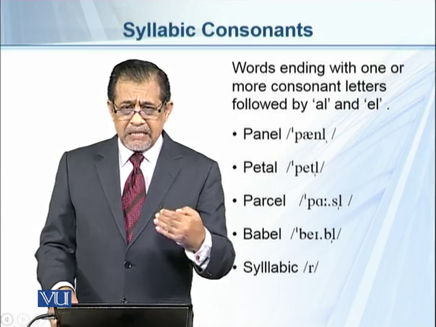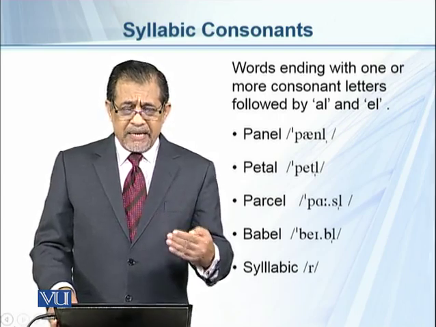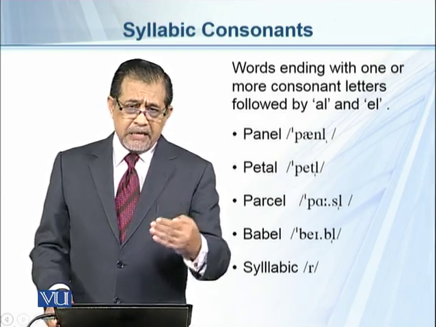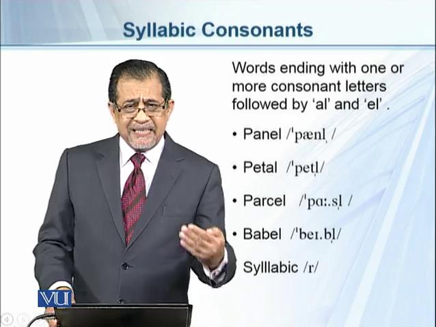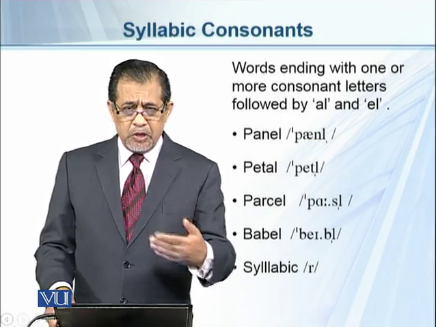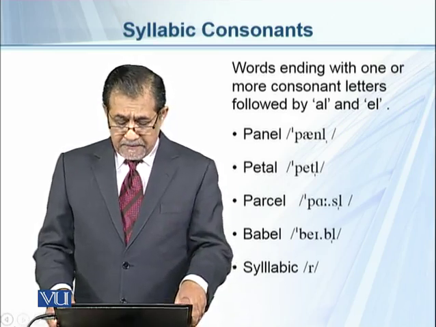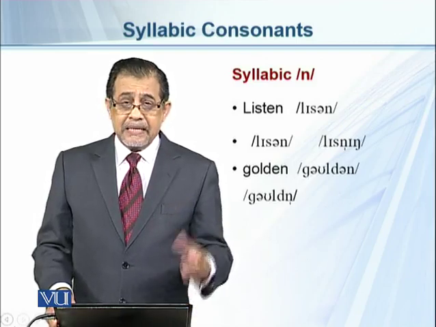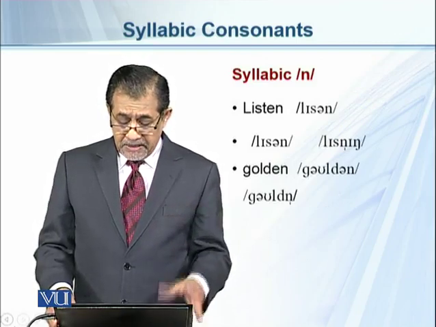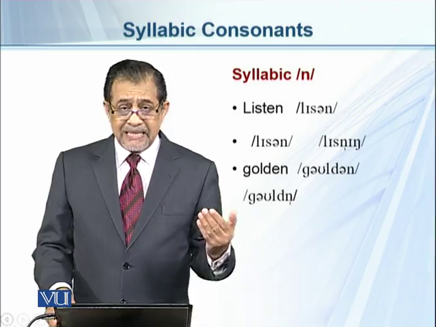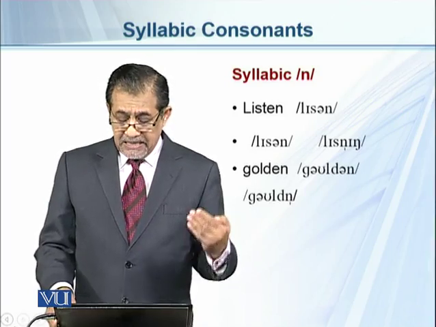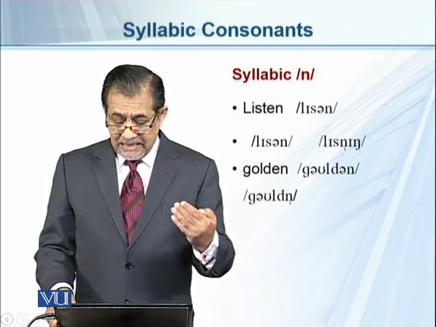R is made syllabic, whereas this is not generally done in other English; there, in particular, we use the schwa sound. Syllabic n, for example: the same thing happens. Listen is made listen, and listening.